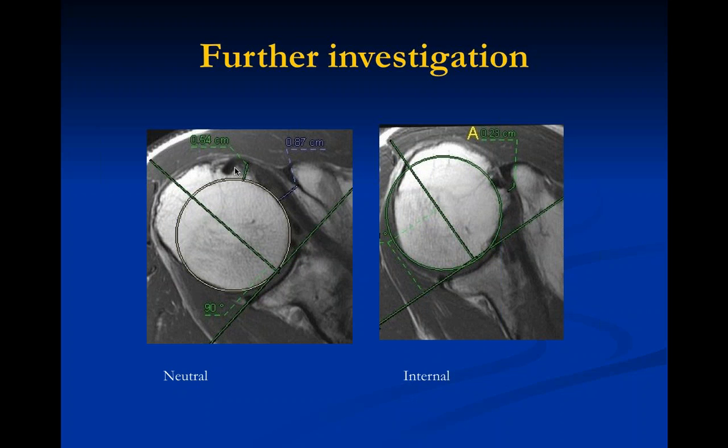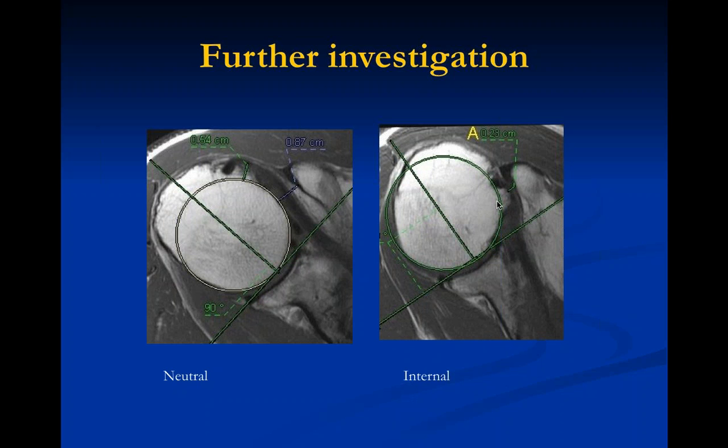What you can see here is that there's a normal prominence of the humeral head adjacent to the biceps tendon, where it normally projects out, and in internal rotation, you can get significant narrowing of the space between the coracoid process and the humeral head. So it's important to position the patient.